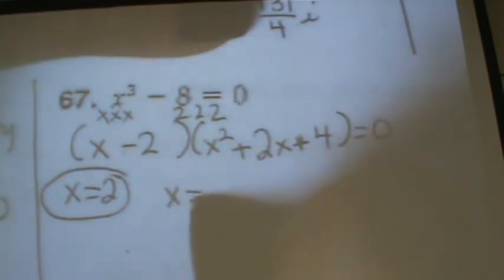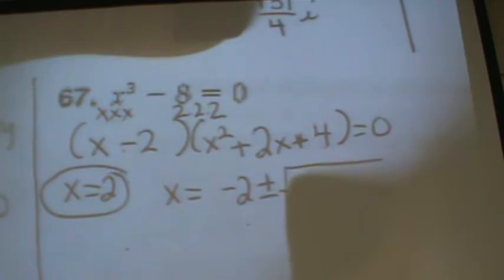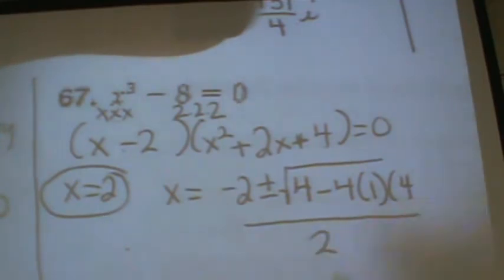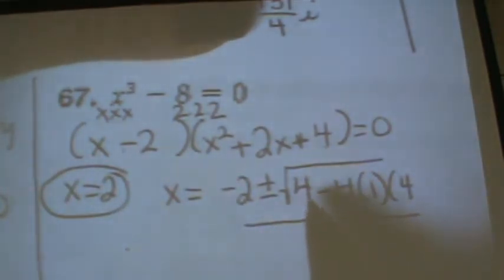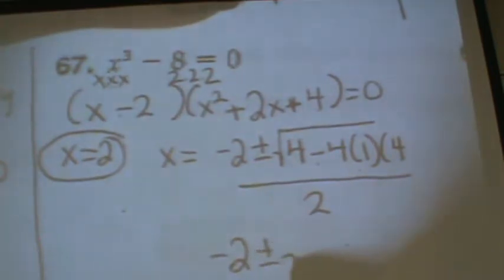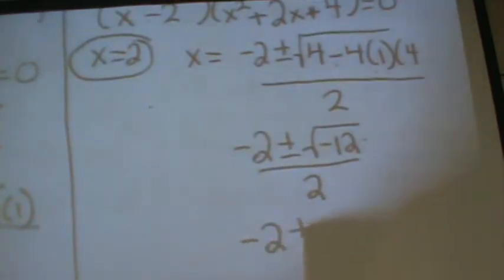So x is equal to the opposite of b plus or minus b squared minus 4 times a times c, all over 2 times a. So this is going to be 4 minus 16, which is negative 12. Simplify that.